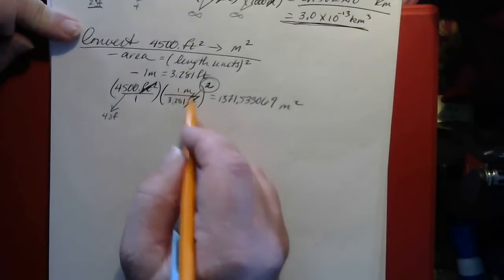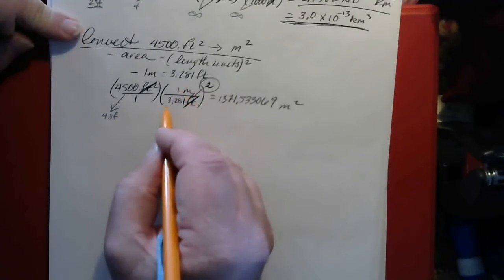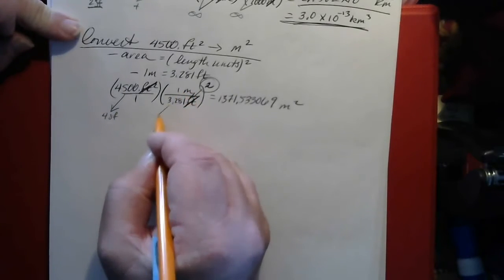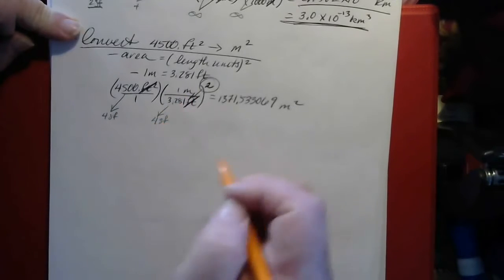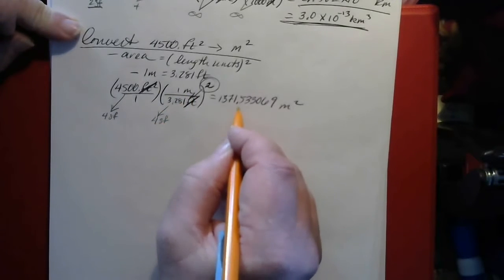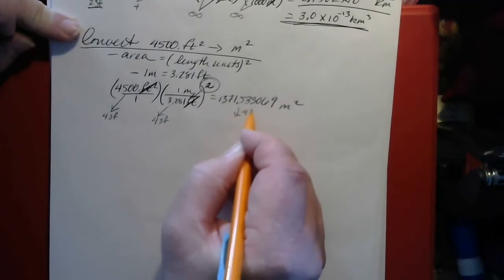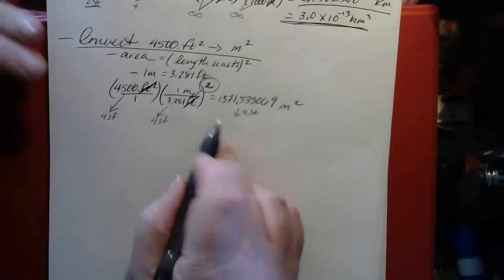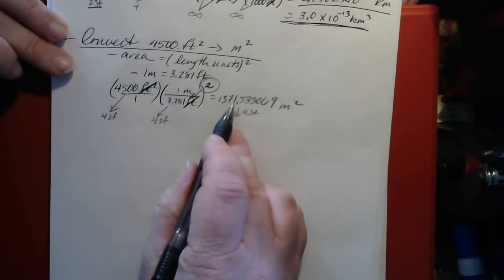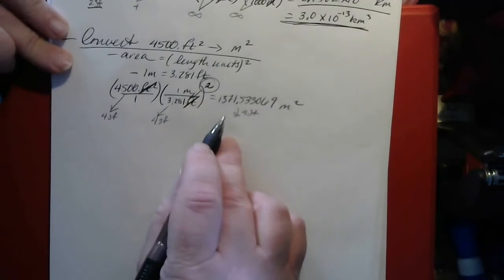Meters to feet is a conversion between English and metric systems. So this number here is rounded off. 3.281 is also 4 significant figures. So this answer should have 4 significant figures. So we get 1371. Those can stay. Everything else has to go.